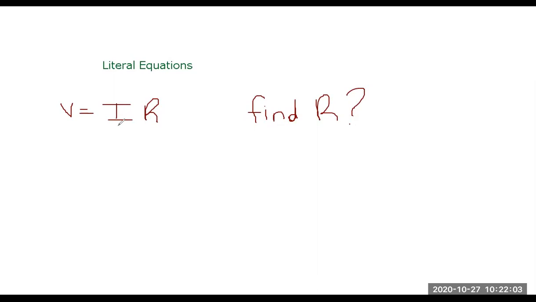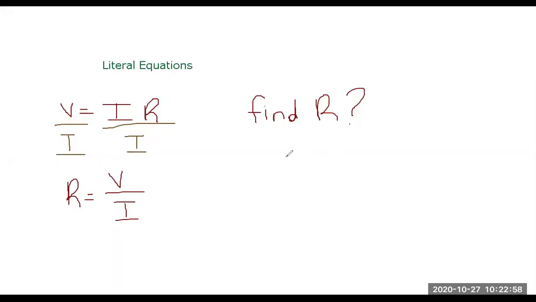So in order to get R by itself, I divide by I, right? So then R is equal to V over I.